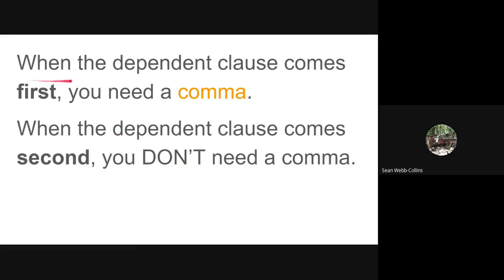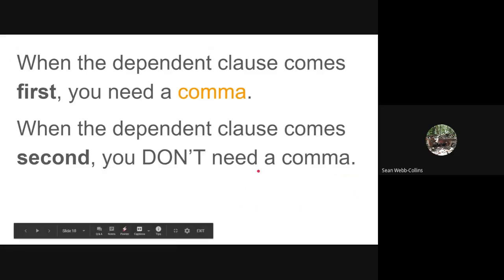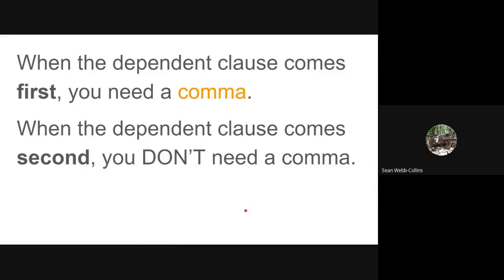We have when marking the dependent clause, and you need a comma. The same goes for the second sentence: when the dependent clause comes second, you don't need a comma. This would be a good slide to take a screenshot of for safekeeping.